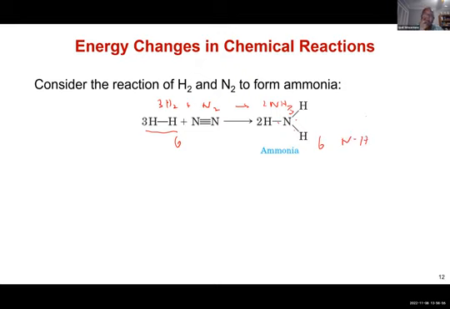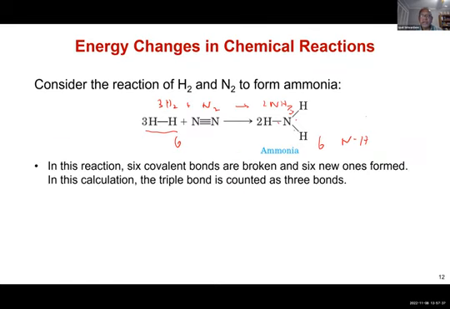In this process, to break bonds, you need energy. When bonds are formed, you release energy. Needing energy means endothermic. Releasing energy means exothermic. So the total reaction depends on how much energy is required to break 6 bonds on the reactant side and how much energy is released forming 6 NH bonds on the product side.